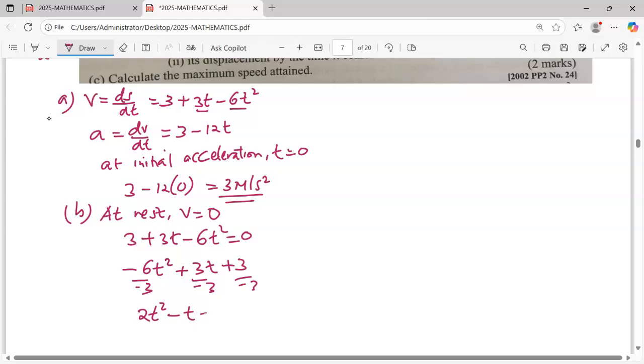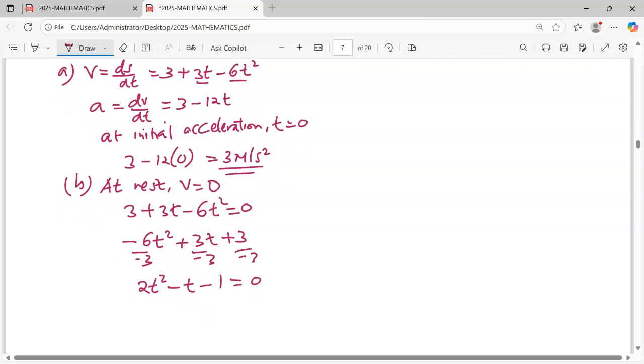Positive 3 divided by -3, you get -1. And this is equal to 0. This is quadratic. We use the product-sum factor method. Product is the first term times the last one, which gives us -2, and the sum is equal to the coefficient of the linear term. So the two factors are -2 and 1.